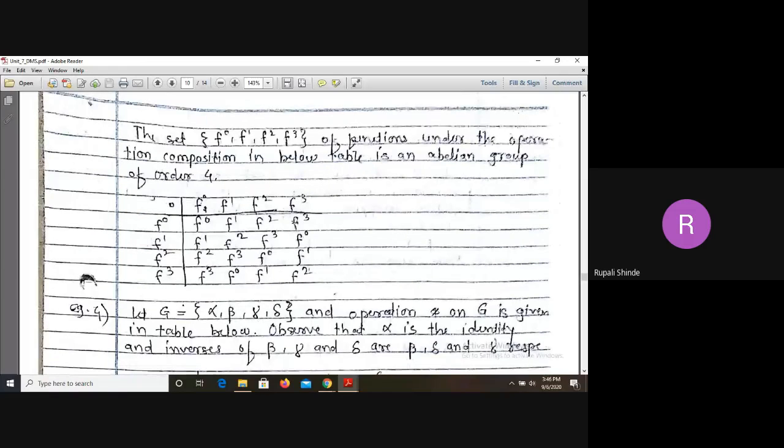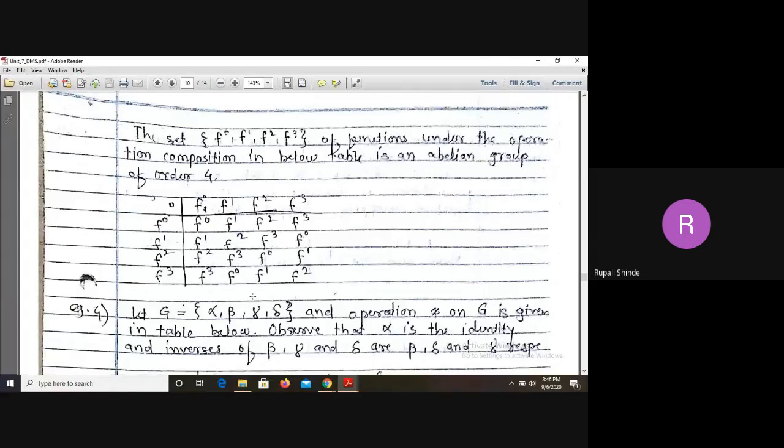So likewise, we can form this composition table. Now consider this composition, F1 composition F3. So here indices are 1 and 3. So 1 plus 3 is 4. 4 mod 4 is 0. That's why the answer for F1 composition F3 is F0.